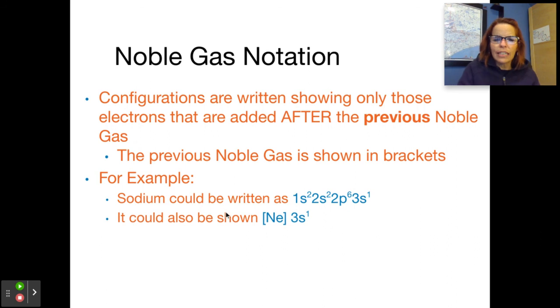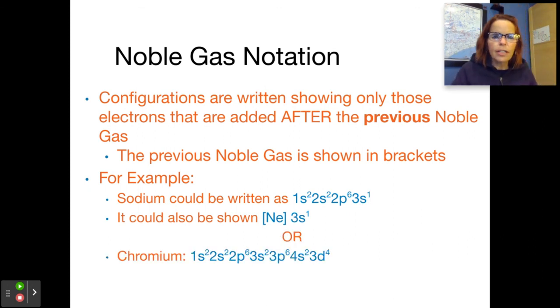And so you only need to put neon in brackets. And what we're saying is all of the electrons are the same through neon. And now we're going to show you everything that's different beyond neon. And so what's different beyond neon is just 1 electron in the 3s orbital. So neon takes care of this first section, 1s2, 2s2, and 2p6, that's neon. And then the only thing that's beyond neon is this 3s1.